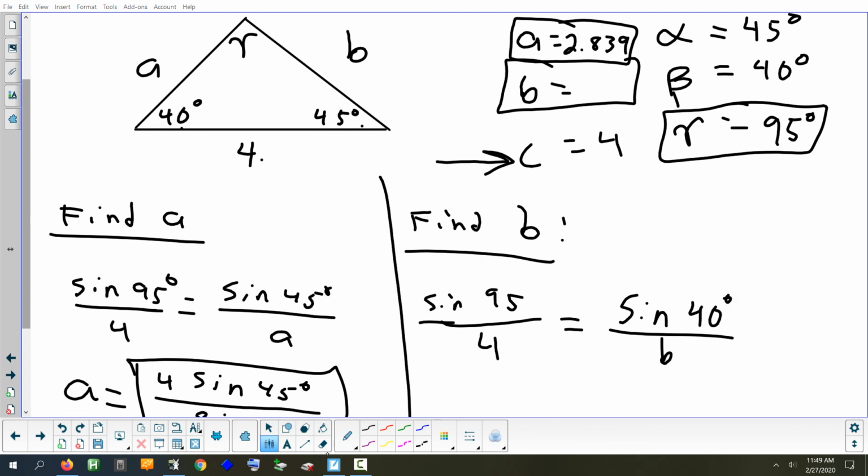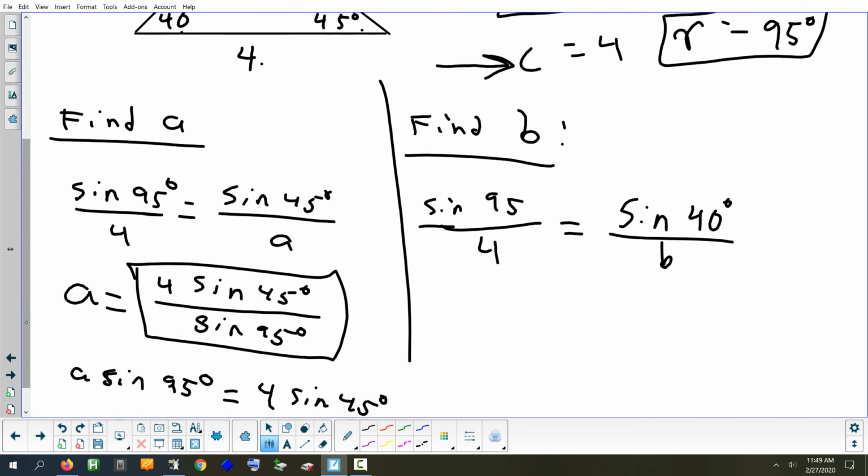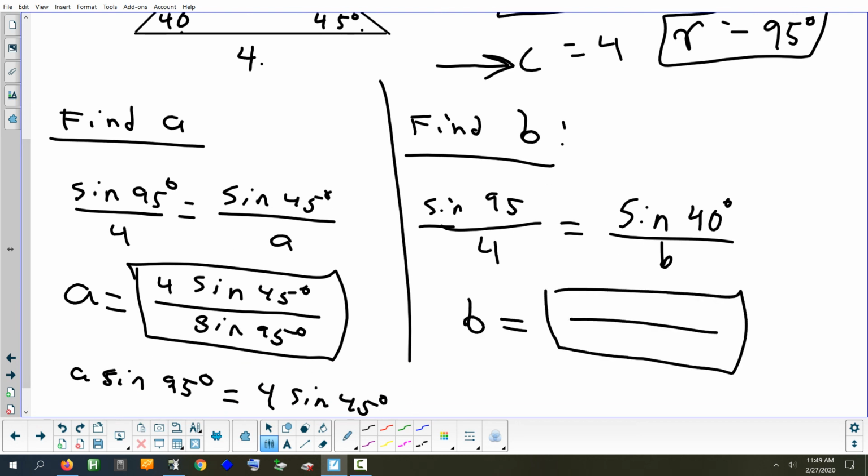And now let's do the cross multiplying, and I'll leave typing it into the calculator for you. If I cross multiply and get B by itself, what would B equal here? Emily?